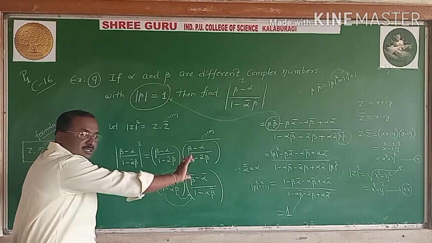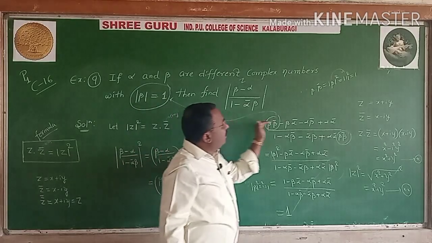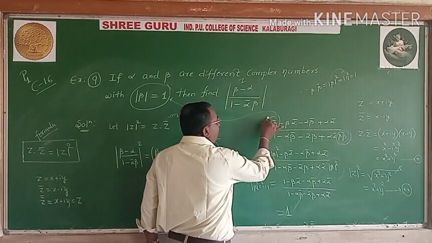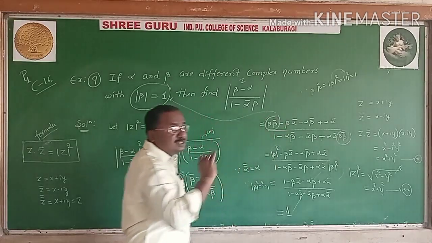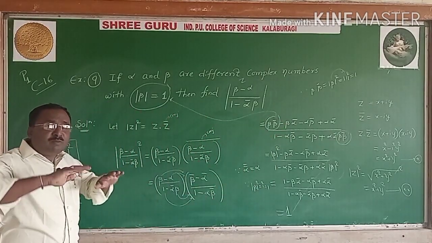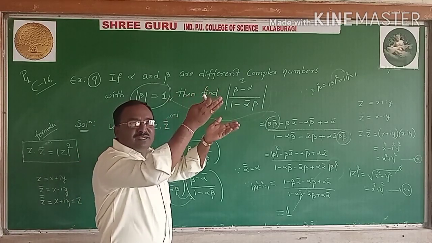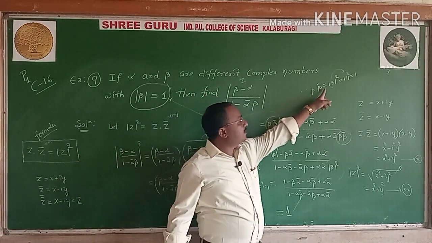Product of numerator, product of denominator. But the condition, beta into beta bar, the formula is what? Z into z bar is modulus of z whole square. Beta into beta bar is modulus of beta whole square.